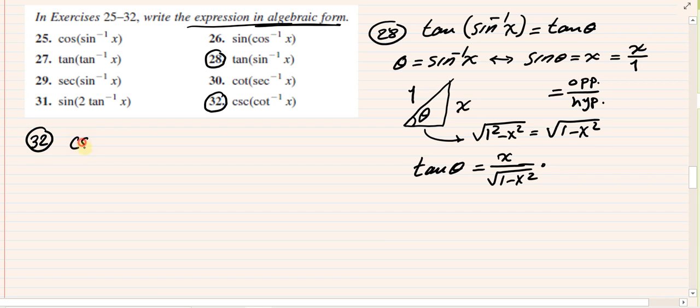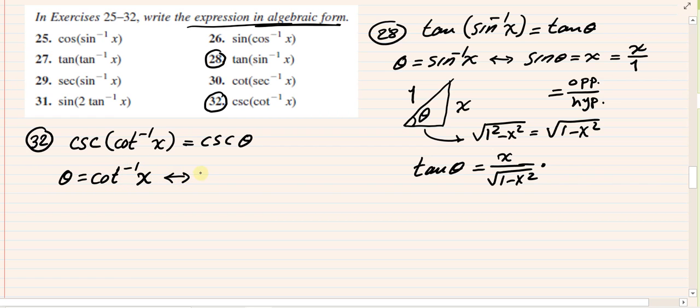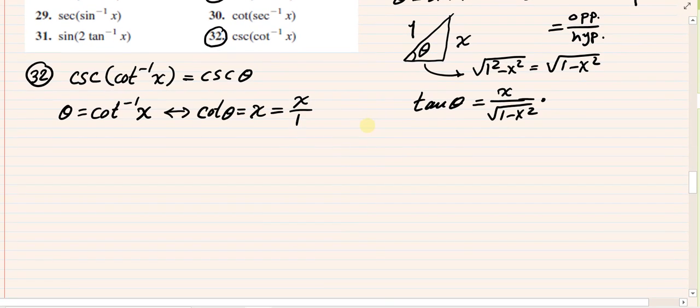In number 32, we have cosecant of cotangent inverse of x. So again, we see this as cosecant of theta, where theta is cotangent inverse of x. And by definition of inverse, cotangent of theta is going to be x. Write it as x over 1, and go to the definition of cotangent.